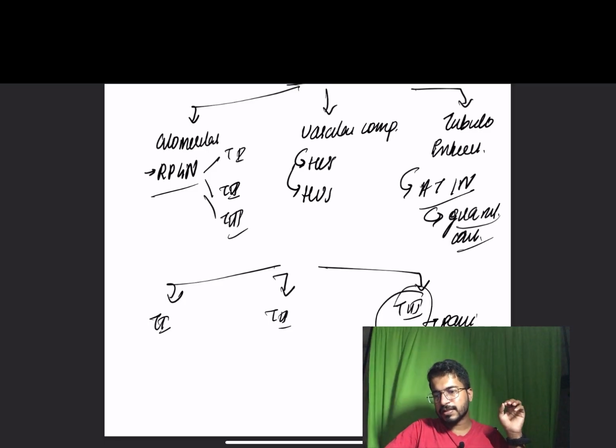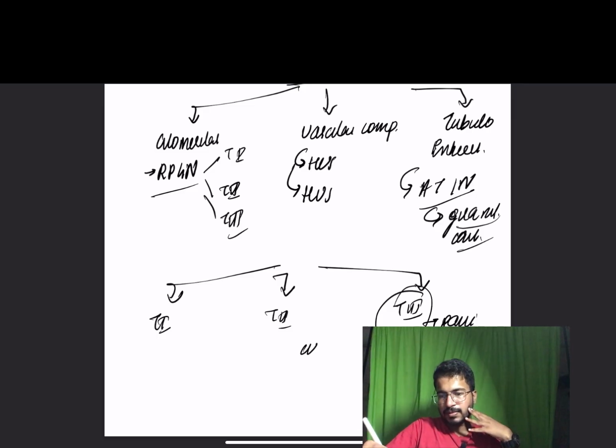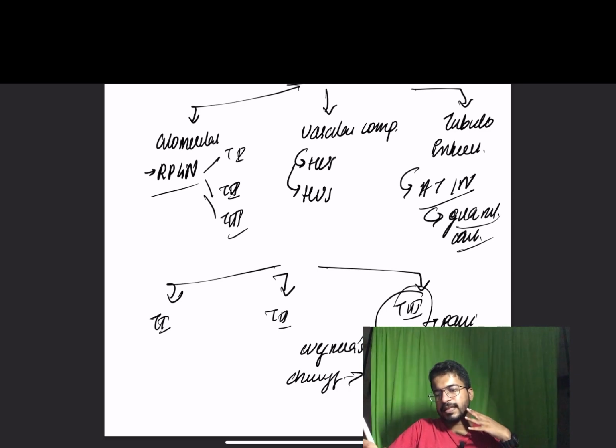What are the vasculitides which you know to cause renal involvement? Wegener's granulomatosis, where there is cANCA positivity, or Churg-Strauss, where it is pANCA, and there will be signs of peripheral eosinophilia as well.